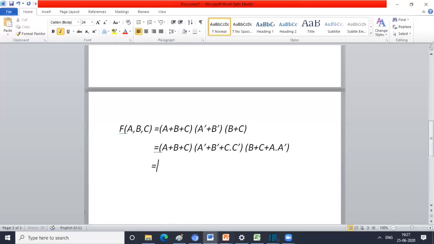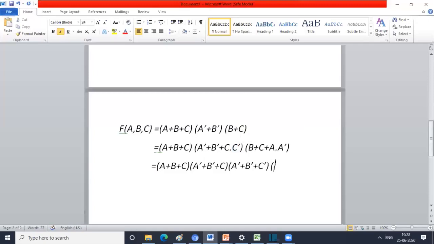So see, the first term will be as it is, A plus B plus C. Then the second term, A bar plus B bar plus C, right? So here I will write A bar plus B bar plus C, bracket complete. Then in the second bracket, again A bar plus B bar plus, now I should take C bar.